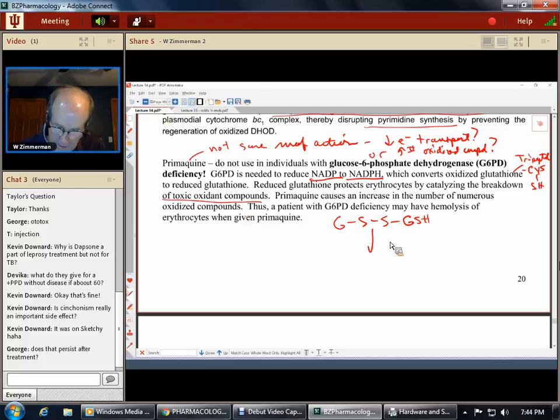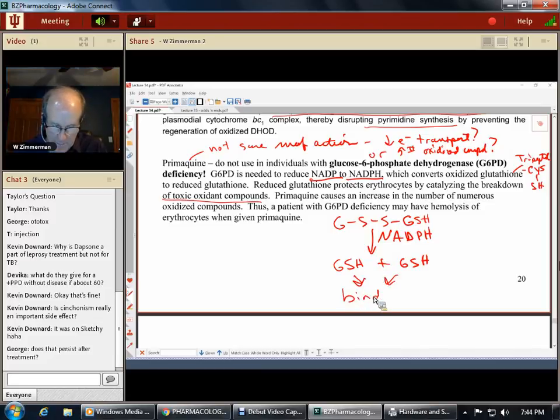The idea here is that we need to break down toxic oxidant compounds. Well, NADPH will convert this to the GSH plus another GSH. And these will go bind the oxidant compounds.